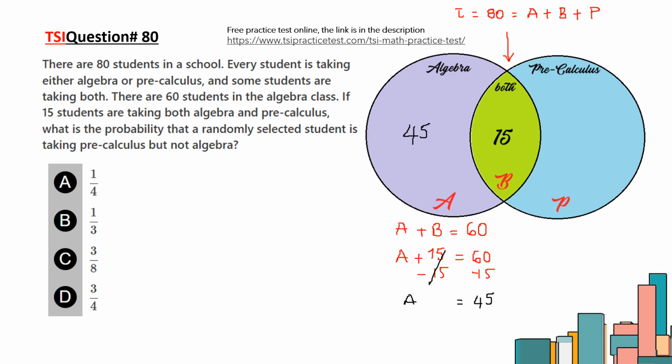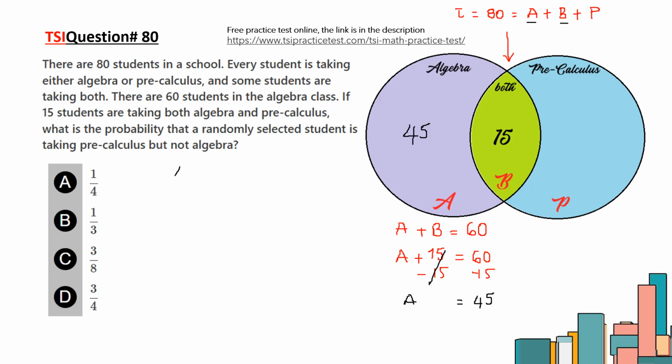Now go back to our beginning. We have A plus B plus P equals 80.